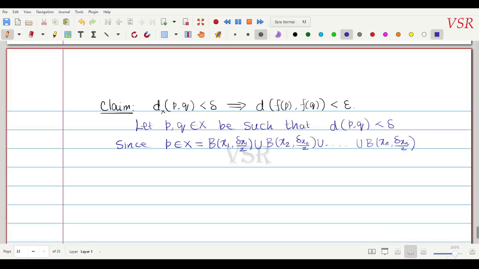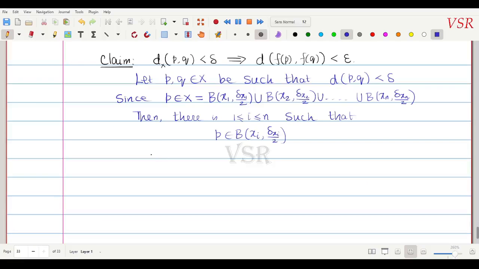Now p belongs to X, so there is some i, with 1 less than or equal to i less than or equal to n, such that p belongs to the ball with the center xi radius delta xi by 2. Correct? It lies inside this ball. What does this imply?